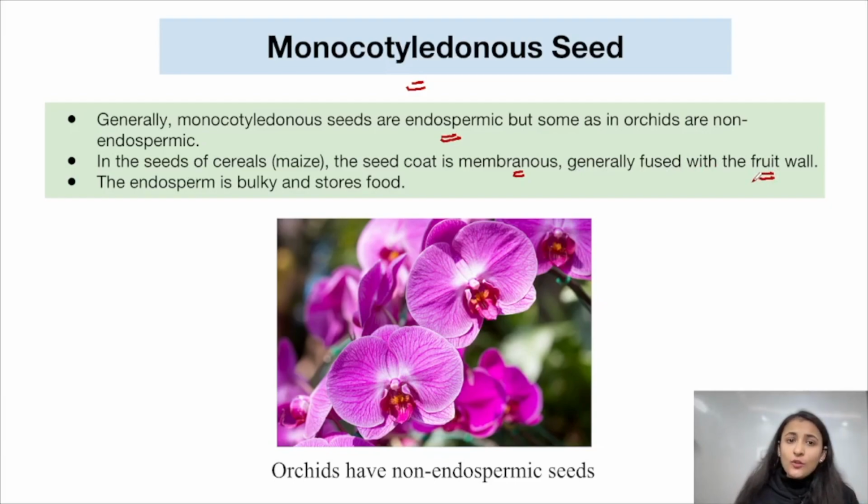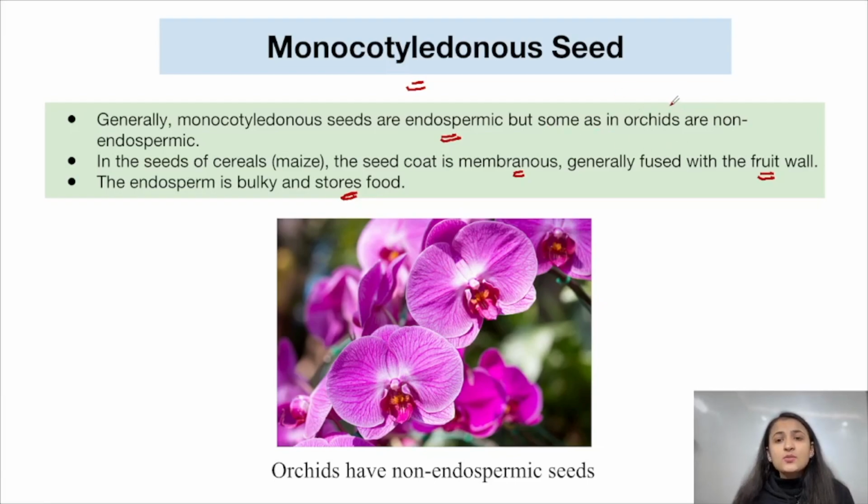In maize, the seed coat is very thin, papery and membranous, so there is not much of a distinction between the fruit wall and the seed coat. The endosperm is bulky and stores food in monocot seeds. Most monocot seeds are endospermic, but some exceptions are always there.